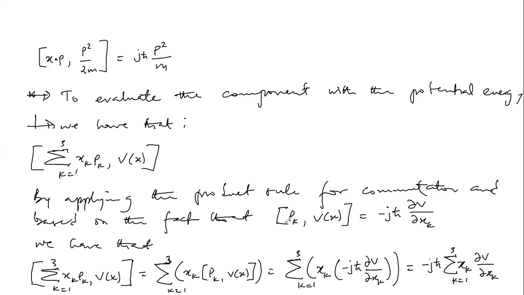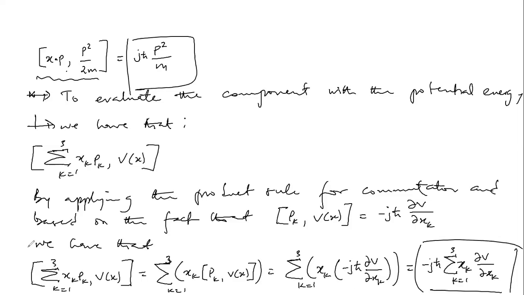So now that we have this expression also, then we can combine this expression and this expression. This expression is the result of the commutator between the product and the kinetic energy, while this result here is the result of the commutator between the product and the potential energy.